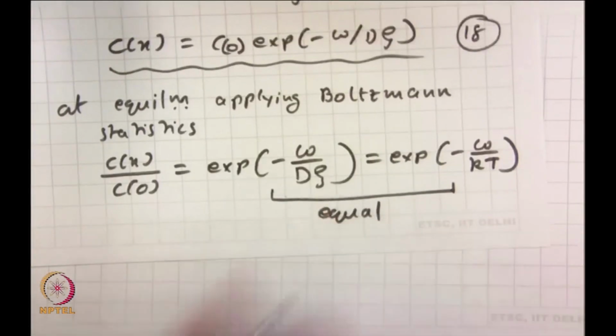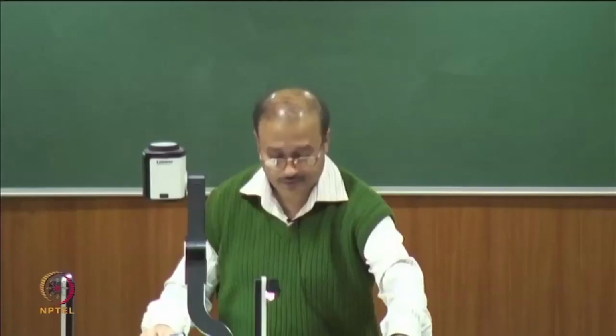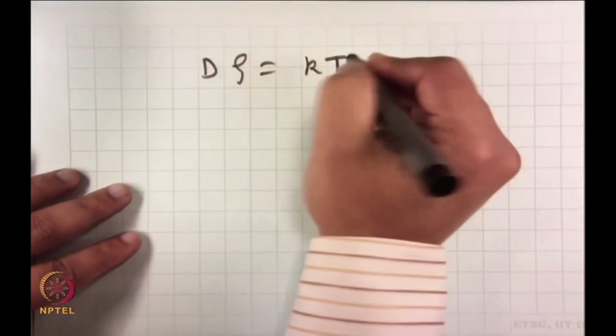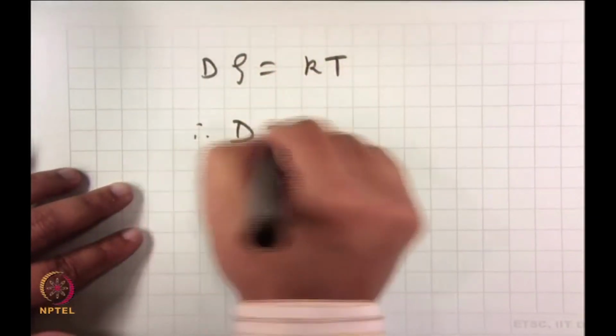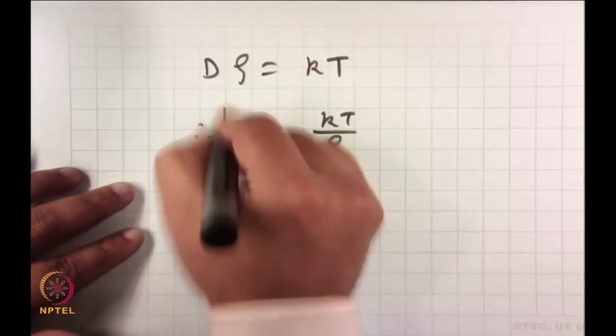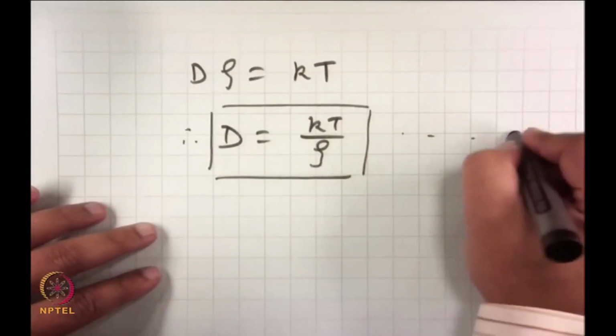Then what can I write from here? Then I can write, if both of these are equal, d xi would be equal to kT, excellent. Therefore, d is equal to what? kT over xi, and this would be equation 19.